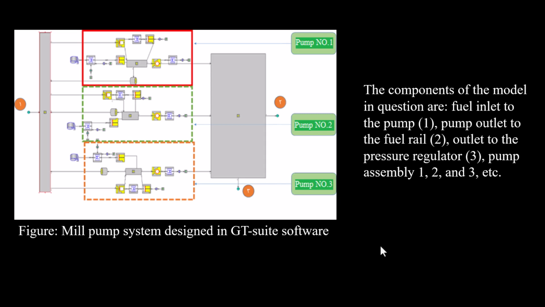As you can see, the components of the model in question are the fuel inlet to the pump, pump outlet to the fuel rail, outlet to the pressure regulator, and the pump assembly: pump number 1, number 2, and number 3. This is my pump that I designed in GT Suite software.